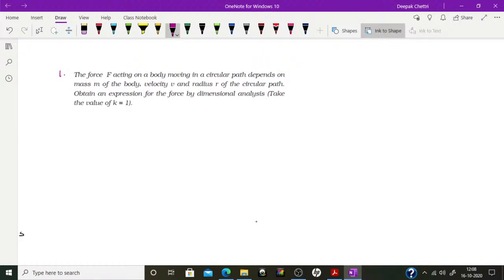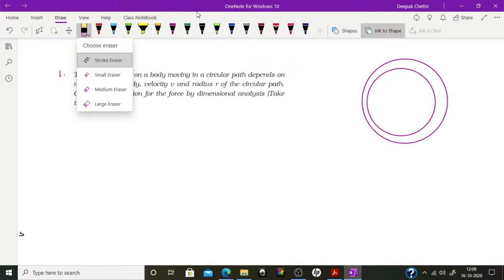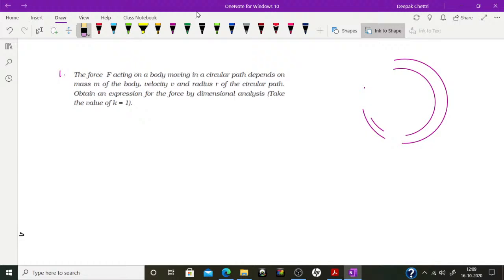So suppose we have a circular path, and its center is somewhere here.